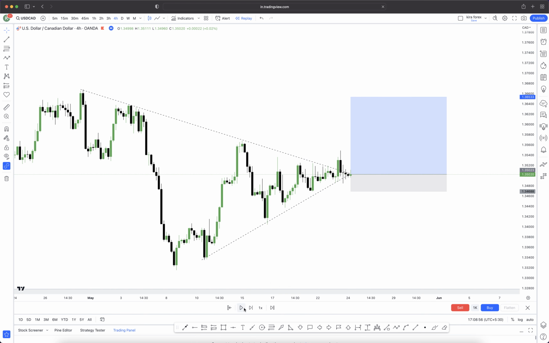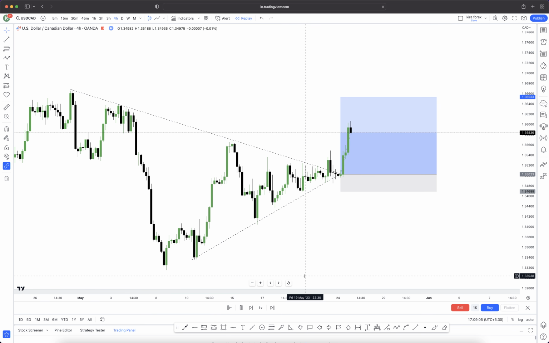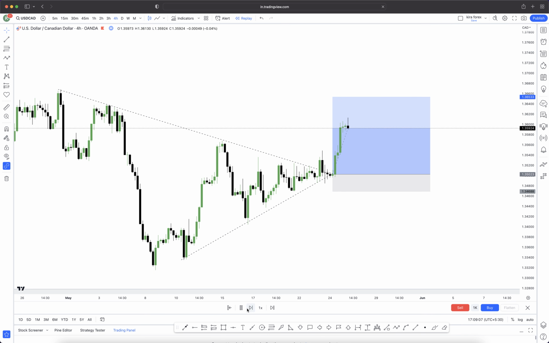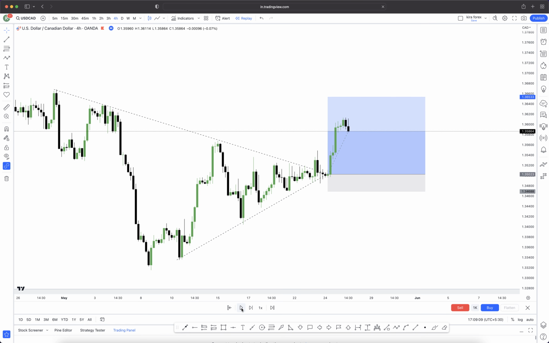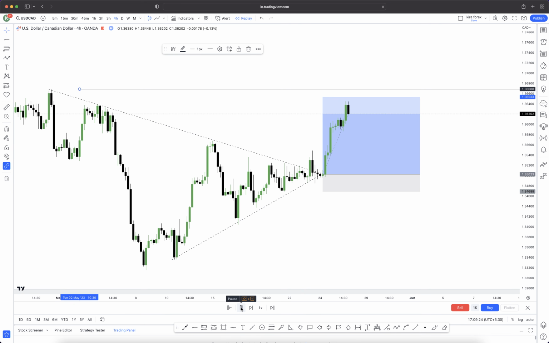So let's see how price reacted to our take profit. So guys, you can see what is happening. Wow, this looks so easy. You can see price is approaching our take profit.